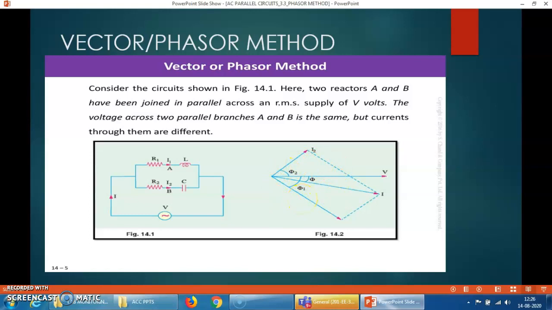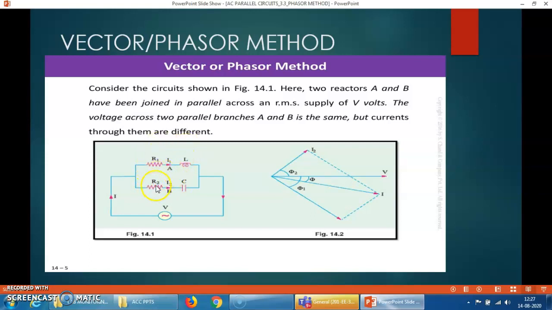Now how to solve the circuit and find the value of the current I. In the first branch there is a resistor R and an inductor L, so XL is the inductive reactance. The impedance of the first branch, Z1, is equal to R1 plus jXL, or the root of R1 square plus XL square.